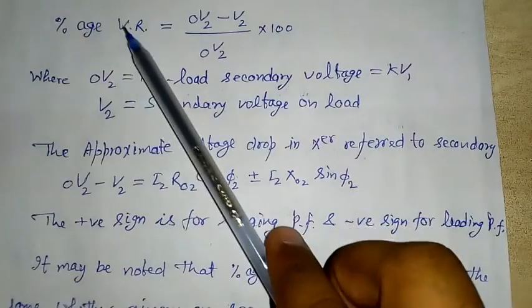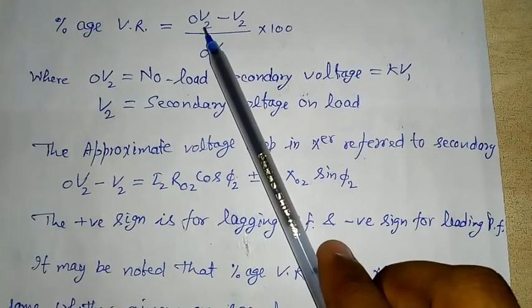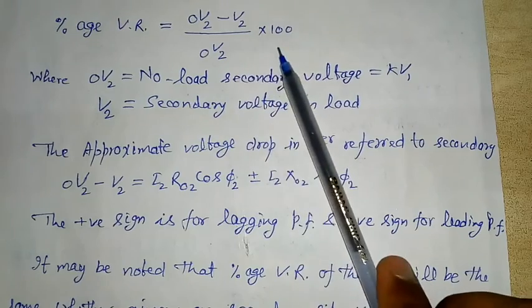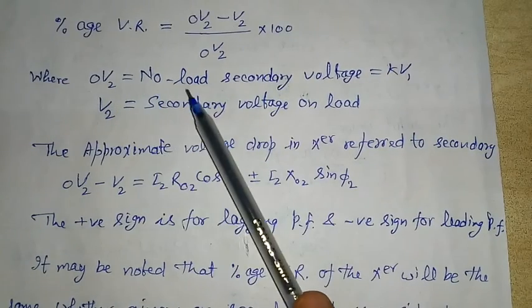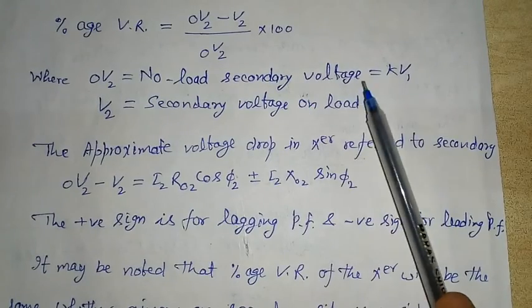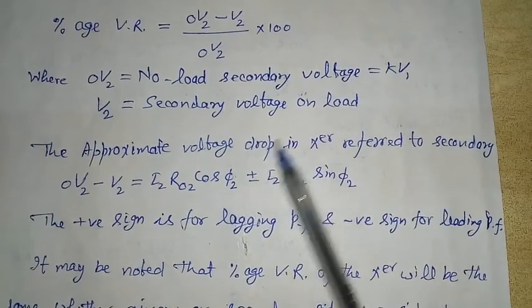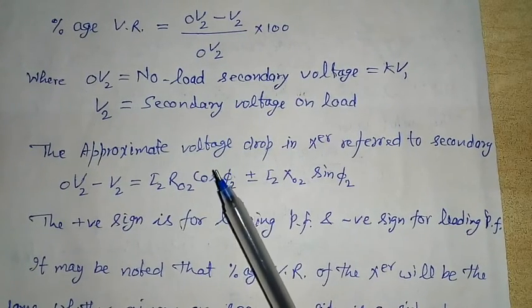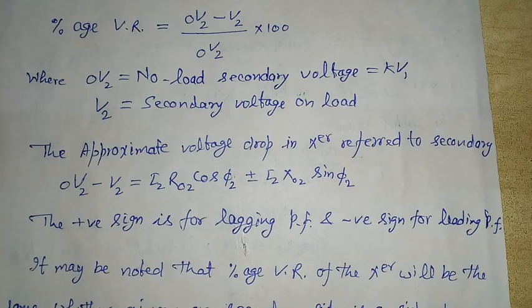That is, percentage voltage regulation is equal to (OV2 minus V2) upon OV2 into 100, where OV2 is the no load secondary voltage, equal to KV1, and V2 is the secondary voltage on load. So voltage regulation is the variation of the voltage from no load to full load on the secondary side.